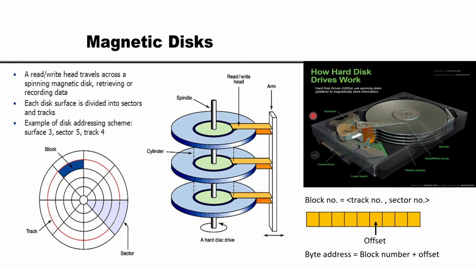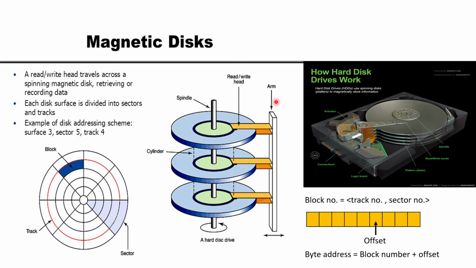This is the actual image of a hard drive, and if you open it, you will find the components of the hard drive are something like this. Now this is given as a diagram on the left hand side. You can imagine that this is nothing but the read and write heads, and this is the arm.